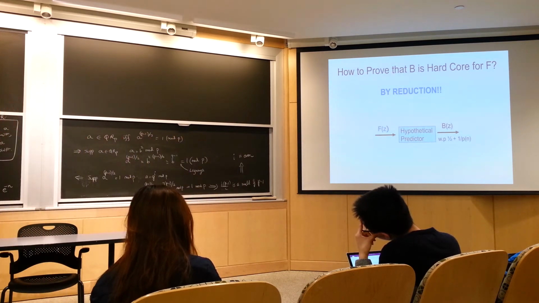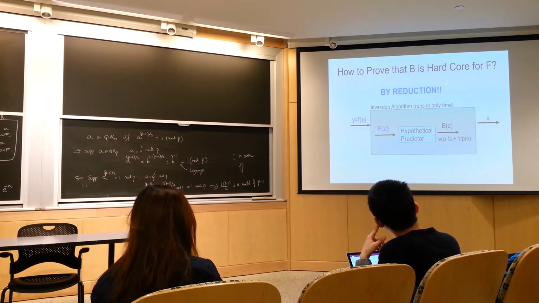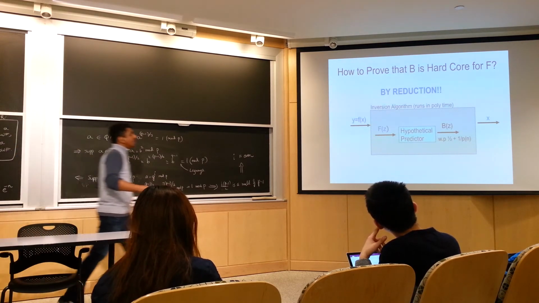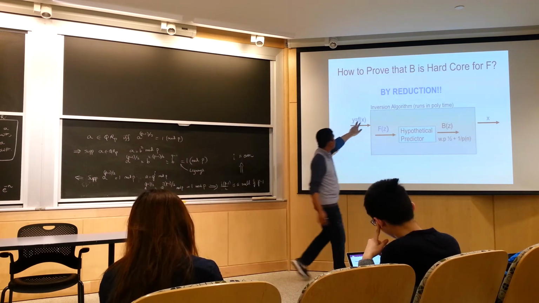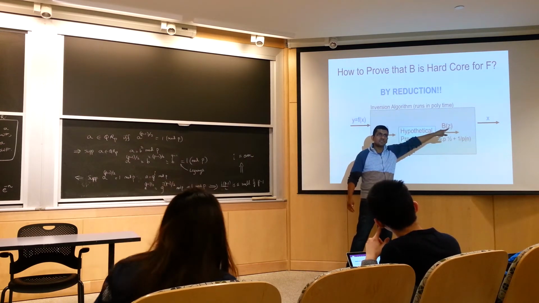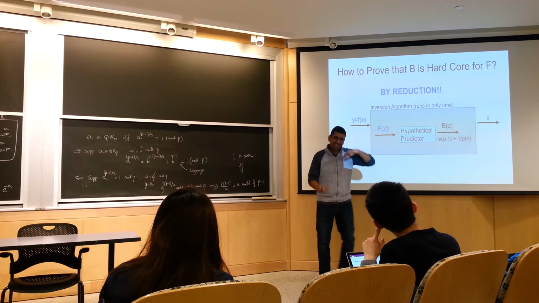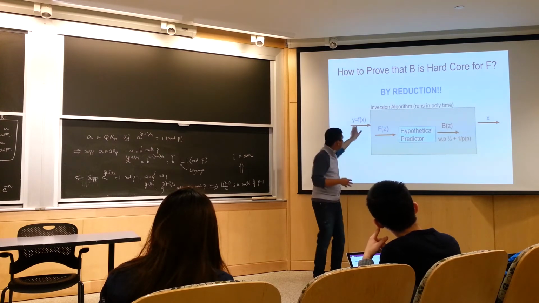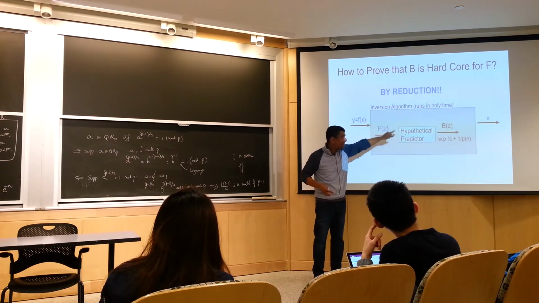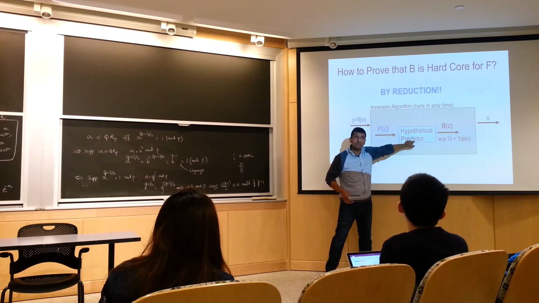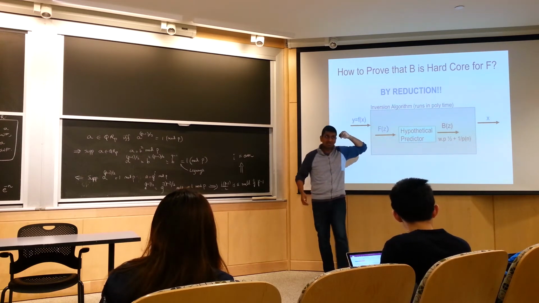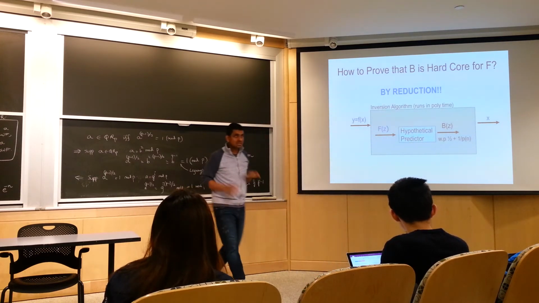Suppose that it exists. We are trying to prove that it doesn't, right? Then I can use this guy to design an inversion algorithm that takes g to the x and produces x. In other words, take the opposite of what I said. If f is one way, then there is no such predictor. Because if there existed one, I would have used it to invert. Okay, so this is the way.